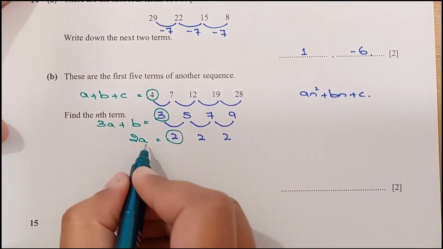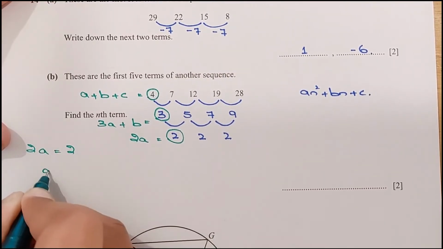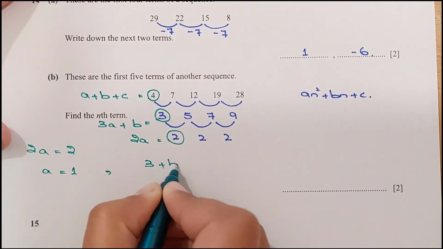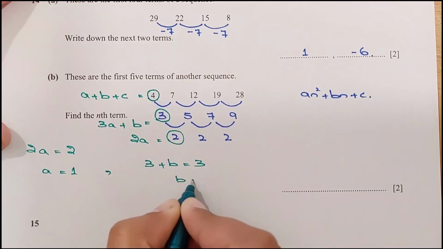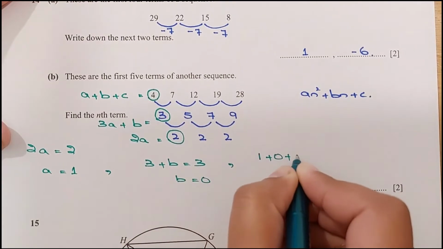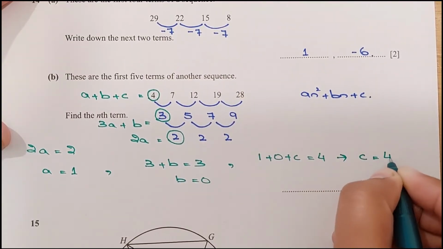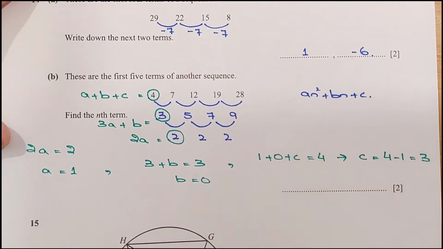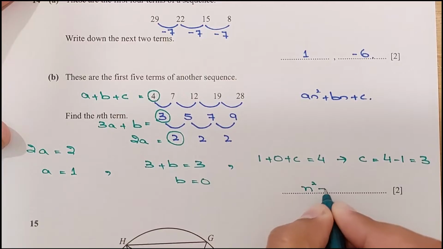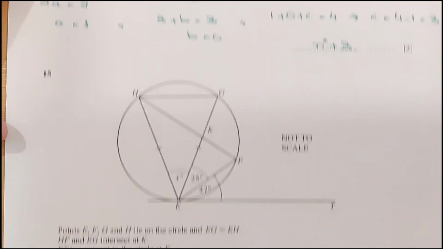If I use this equation, 2a equals 2, so from here the a value is 1, right? Since a is 1, we have 3 plus b equals 3, so b equals 0. Now a is 1, b is 0. So 1 plus 0 plus c equals 4. What is c? We have c equals 4 minus 1, that is equal to 3. So a is 1, that is just n squared, b is 0, and c is 3. So n squared plus 3 is the nth term for this sequence.